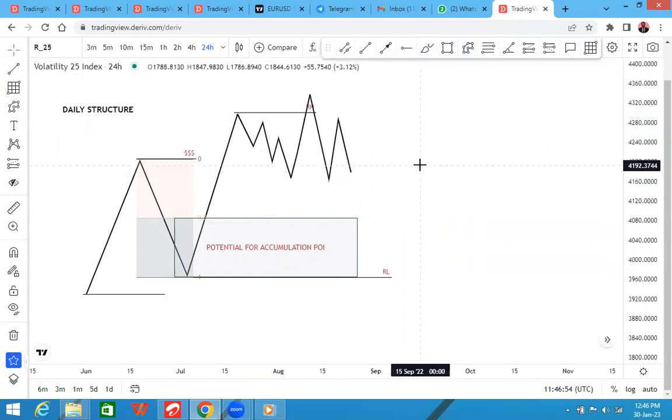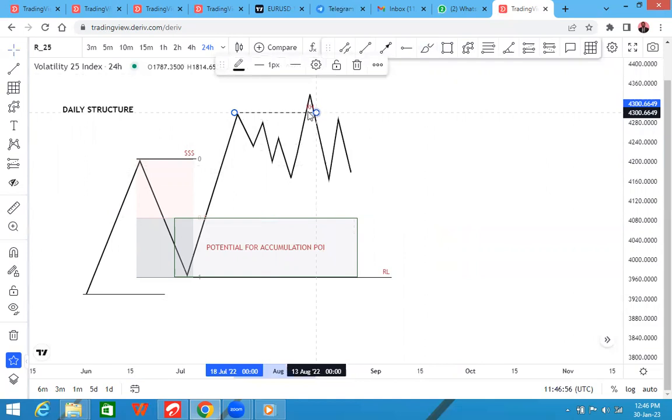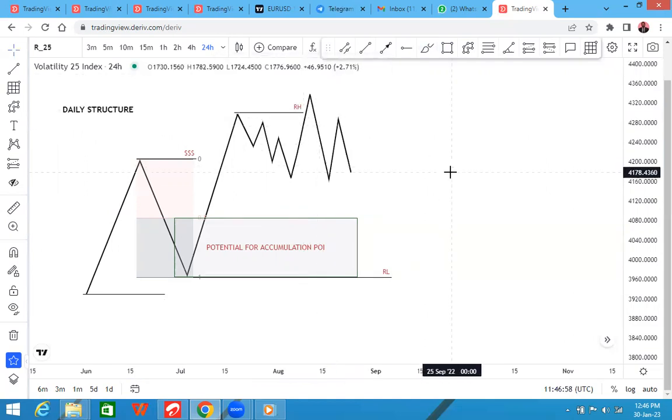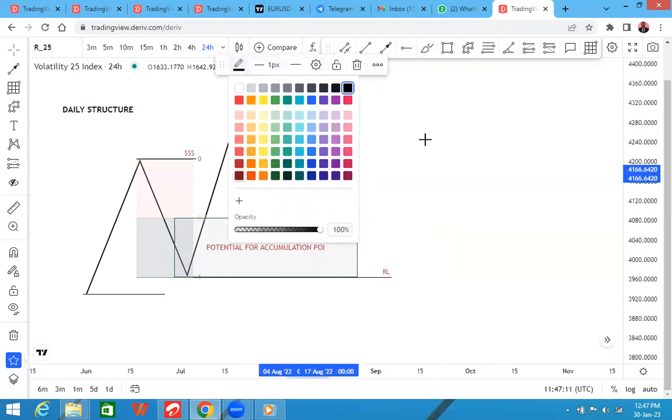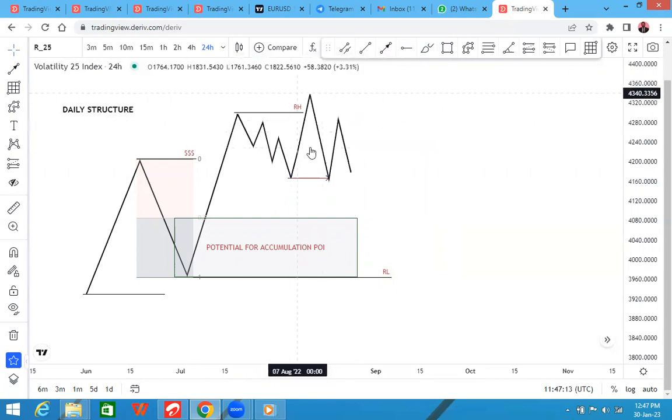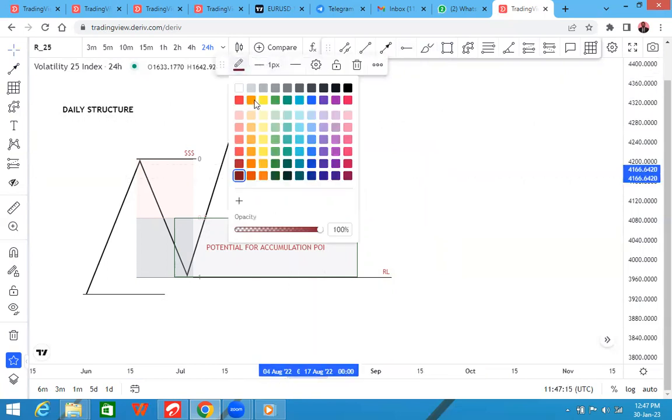And then price starts coming. Now, this is where most people used to get confused. They'll take this as high, low, high, and then this becomes their break of structure, or break in market structure. This is one.